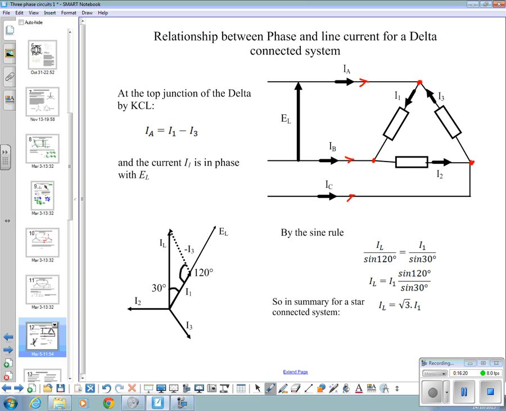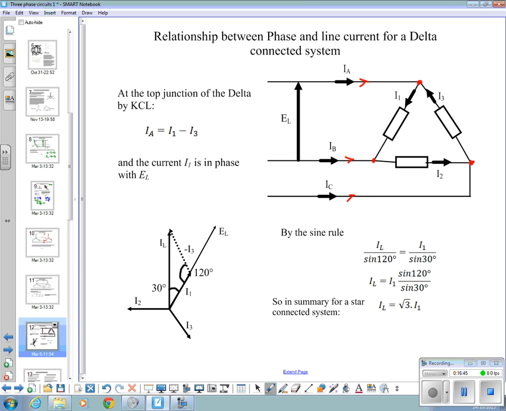If we pick any one of those nodes, and I'm picking the one up here, I've got IA coming in, and I've got I1 and I3 on the other side. So they're equal to each other. The sum of those currents equals 0 ultimately, doesn't it?